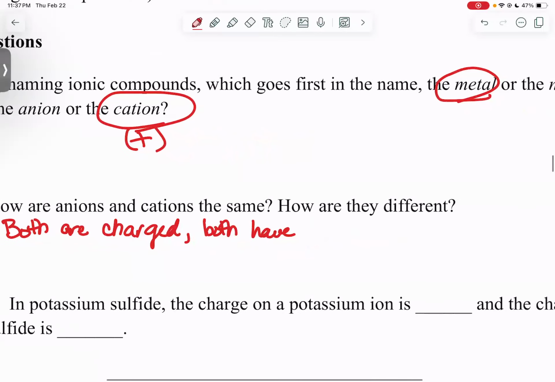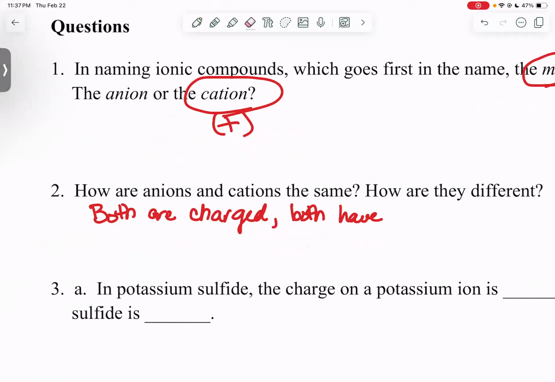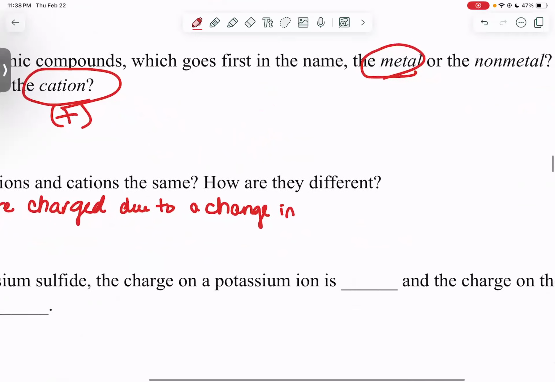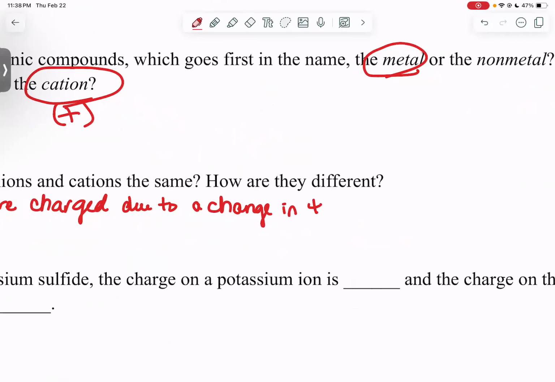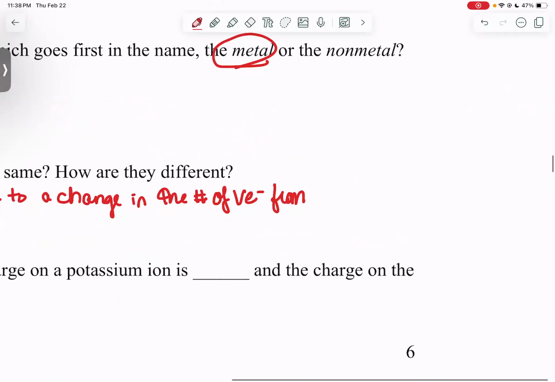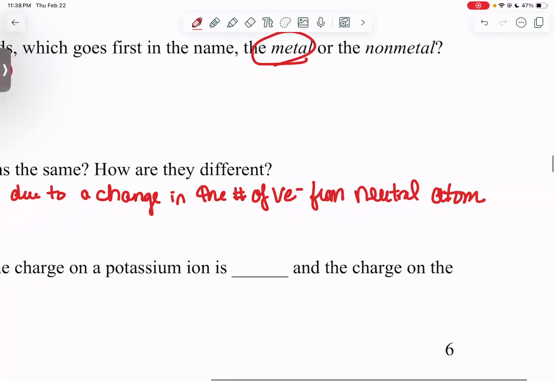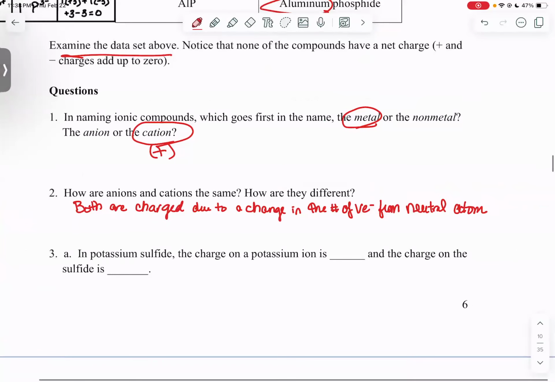Or you could say both are charged due to a change in the number of valence electrons from the neutral atom. You had a neutral atom, it changed its number of valence electrons and therefore became charged.